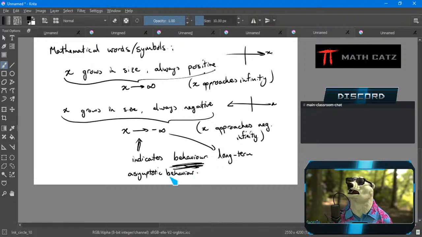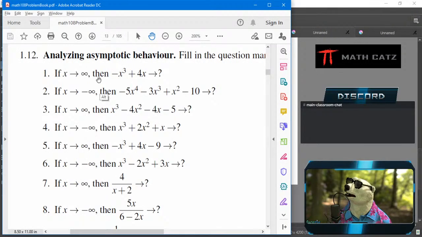And we'll elaborate on that word a little bit more. Right now, all we're meaning is long-term behavior. And you see here, I have a function. We're doing number 3. If x approaches infinity, meaning x grows in size indefinitely, forever, what is happening to this function?